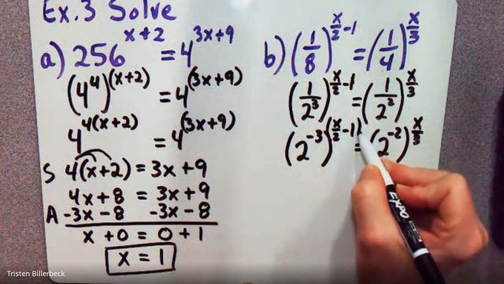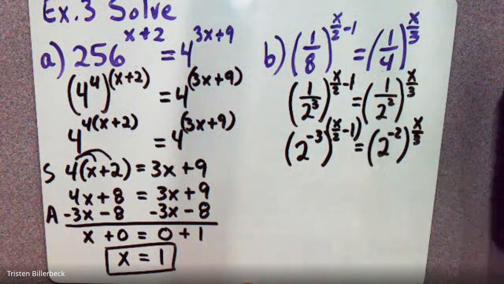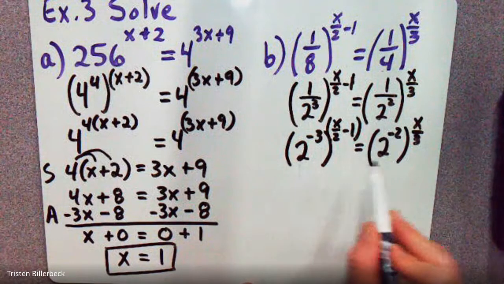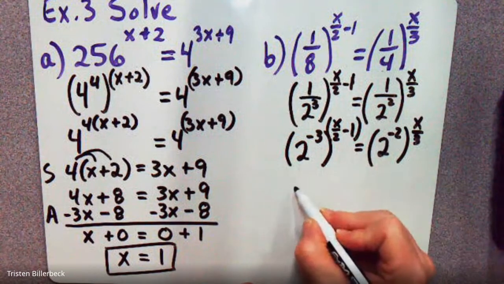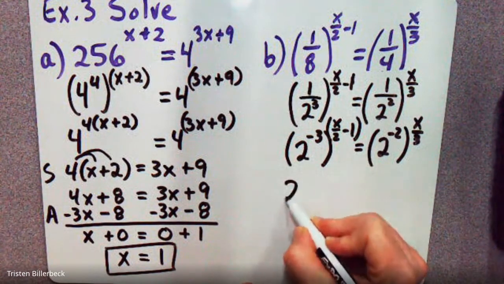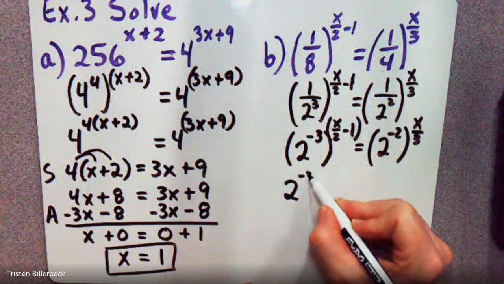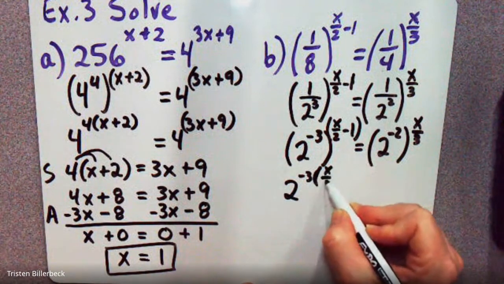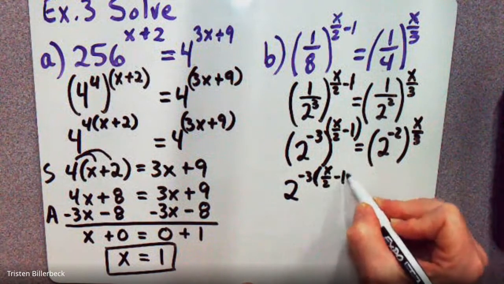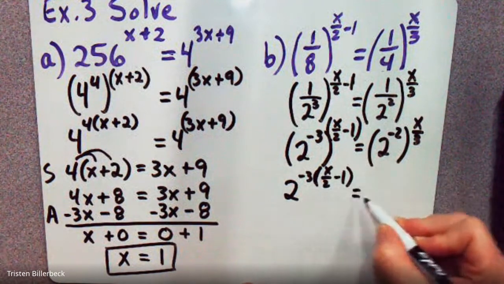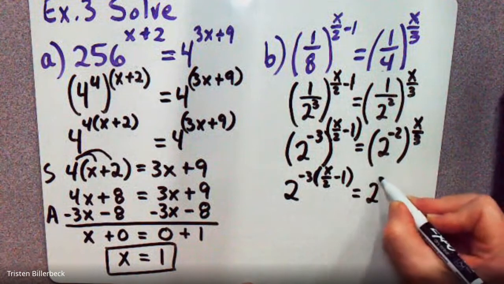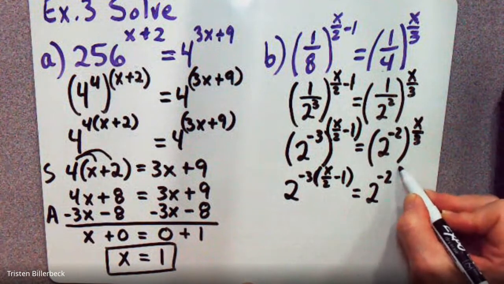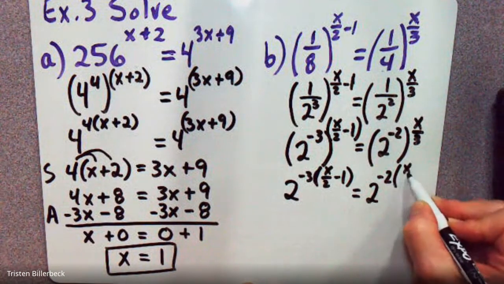So this is all together here, and I have the same base. So now I have 2 to the negative 3 times x over 2 minus 1 equals 2 to the negative 2 times x over 3.